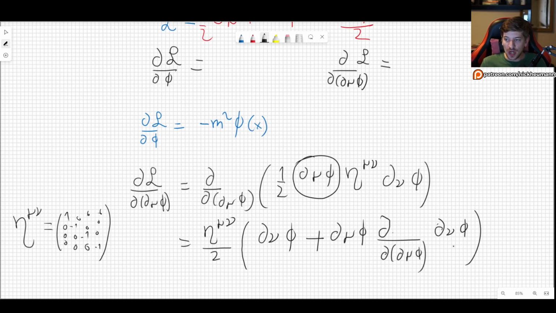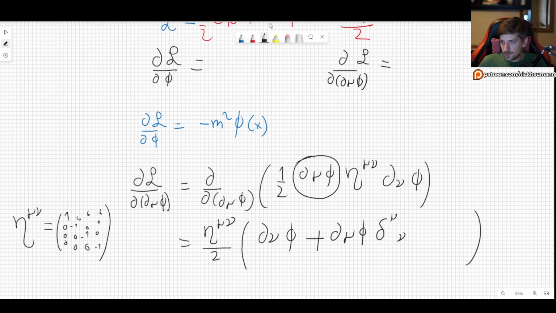If ν and μ are equal, then this is 1, right? Because it's exactly the same as before. The derivative with respect to ∂_μ φ of ∂_μ φ, which is 1. But if they are not the same, then it is 0, because it is not ∂_μ φ, all right? So how can we write that? Well, we can simply write delta, and here just to keep this μν.